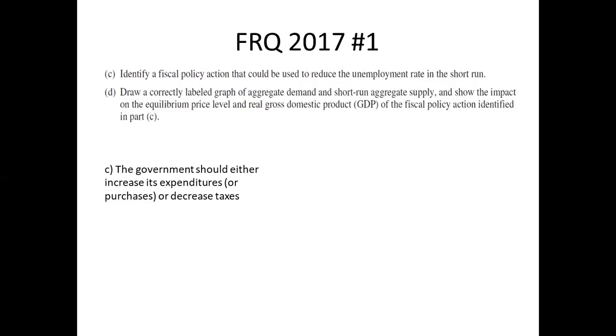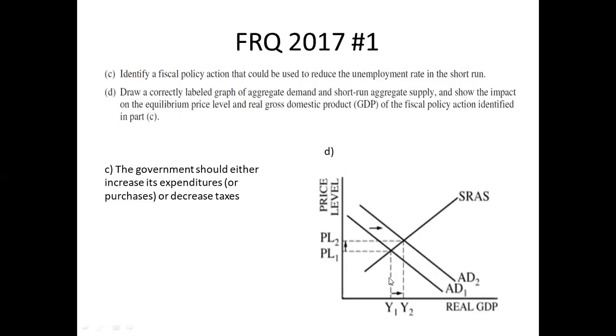And the last part here: draw a correctly labeled graph of aggregate demand and short-run aggregate supply. Notice it doesn't say long-run aggregate supply, so I just need these two curves. Show the impact on the equilibrium price level and real gross domestic product of the fiscal policy action you identified in Part C. So I draw a short-run aggregate supply curve and an aggregate demand curve.